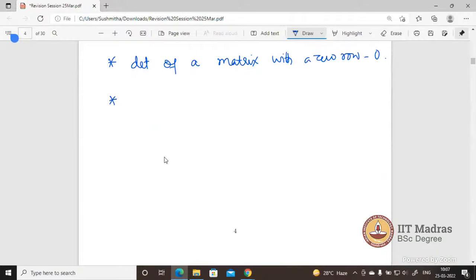Okay. So if the determinant of a matrix is not equal to 0, the matrix is said to be invertible, right? And if the determinant is 0, it's a singular matrix.